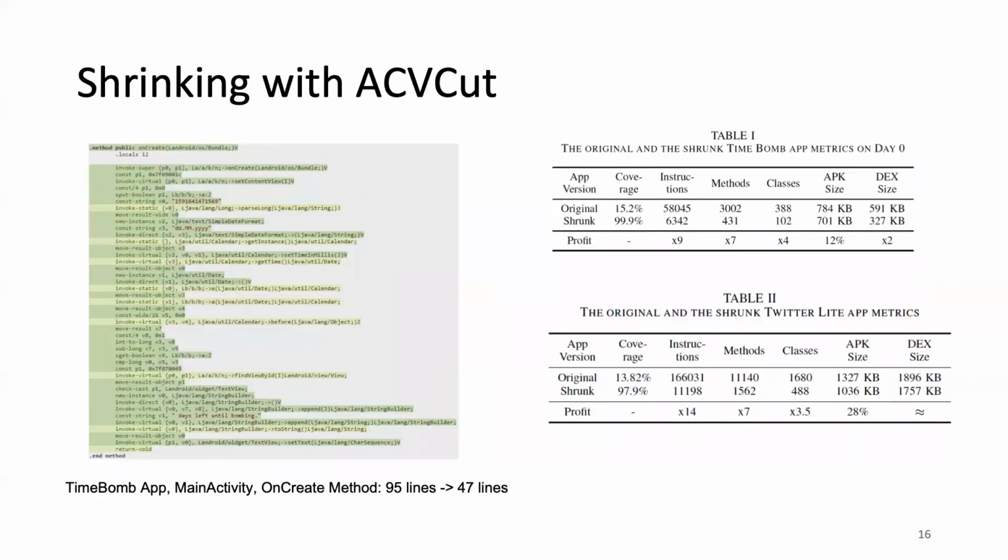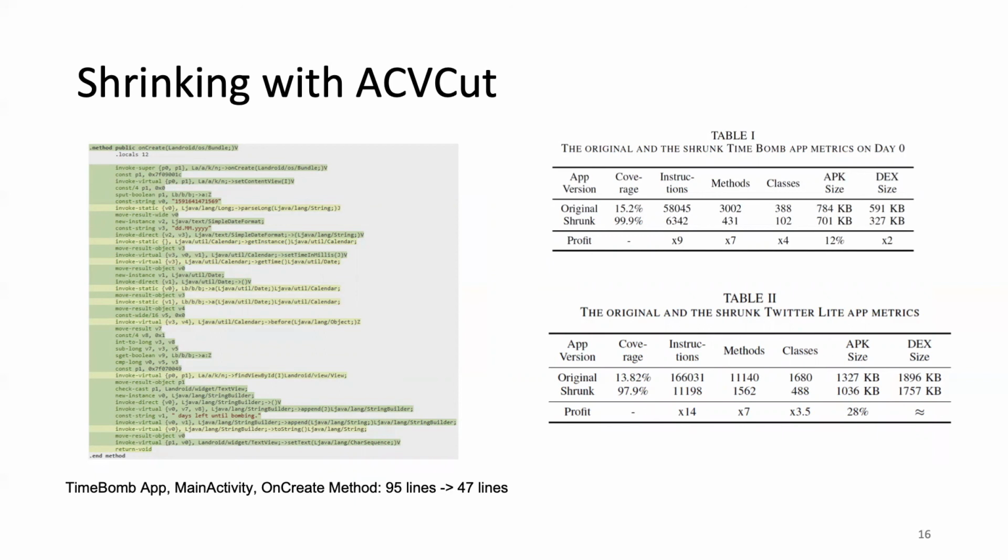In this example, you can see a method from the time bomb application, the main activity onCreate method, and we can see that from 95 lines, it goes to 47 lines, so half of the code in the main activity was removed.